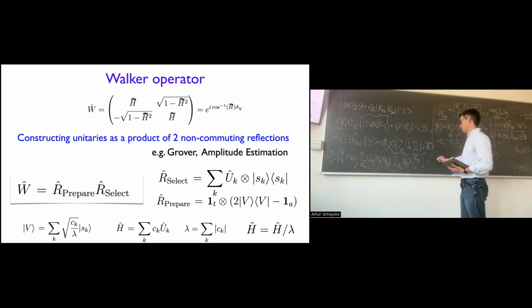So instead of square roots, you get 1 over lambda, and the square roots will give you ck, uk, summed over k.